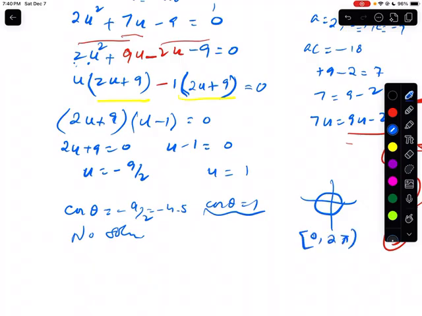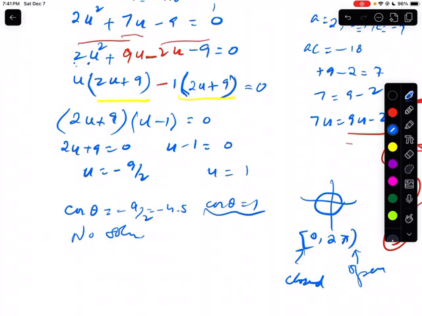So this bracket shows the endpoint is not included, this bracket shows the endpoint is included. We sometimes call this square bracket a closed bracket, and this one of parentheses is called an open bracket. Open means the endpoint is not included, closed means the endpoint is included.